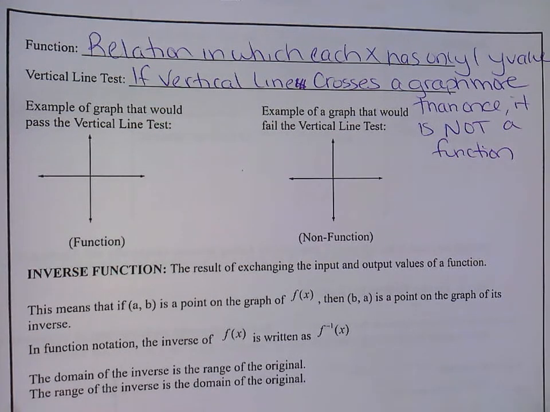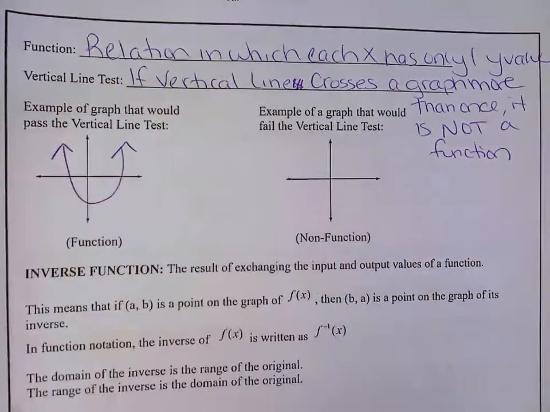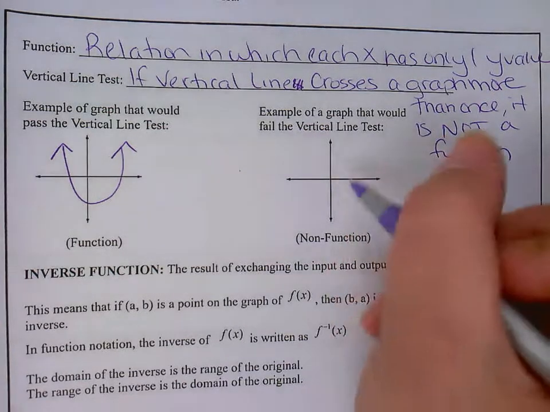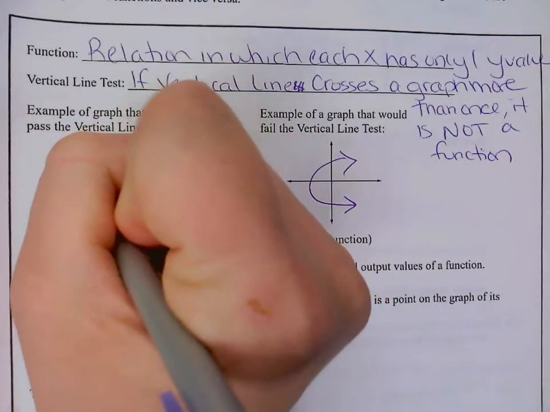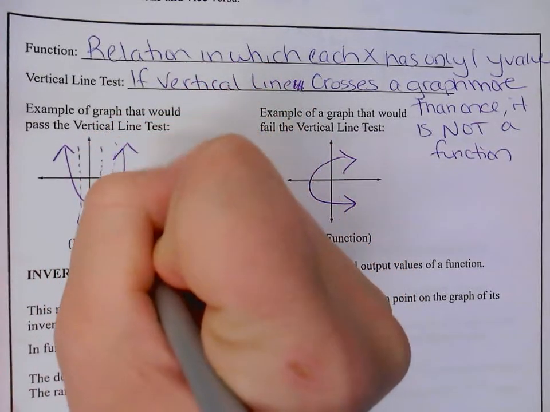So a graph that would pass the vertical line test might be a parabola, right? We know that that's a function. An example of a graph that would fail the vertical line test might be a parabola that's on its side. So with the vertical line test, everywhere that you draw a vertical line, you can only touch the graph once.